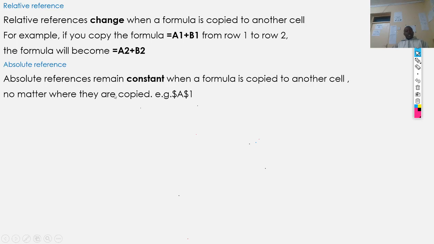For instance, dollar sign A dollar sign 1 is how we represent absolute reference. So we are referring to cell A1 using a specific address, that is the dollar sign, which is absolute referencing. When you copy this even to cell B8, it shall be referring to whatever is in A1. So that is what we call absolute reference.